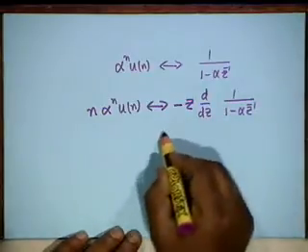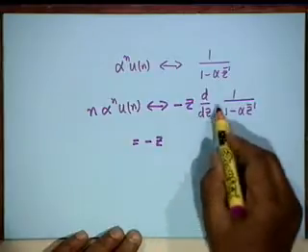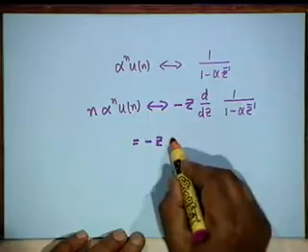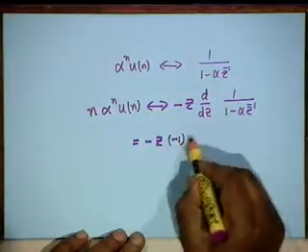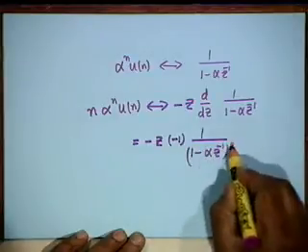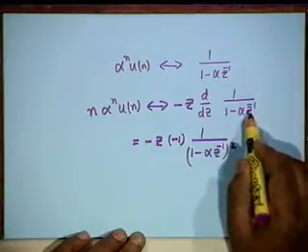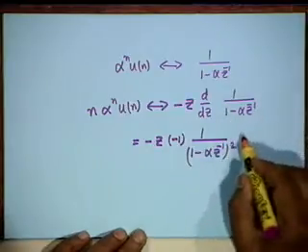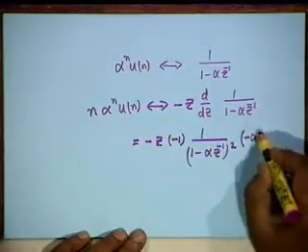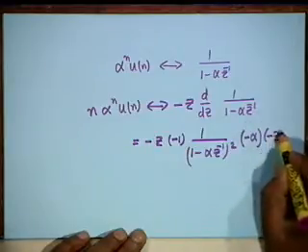This quantity on the right hand side is equal to minus Z. Now, if I differentiate with respect to Z, first there will be a minus sign, minus 1 by 1 minus alpha Z inverse whole squared, then the differentiation of the denominator with respect to Z, and therefore, I shall get minus alpha times the differentiation of Z inverse, which would be minus Z to the minus 2.